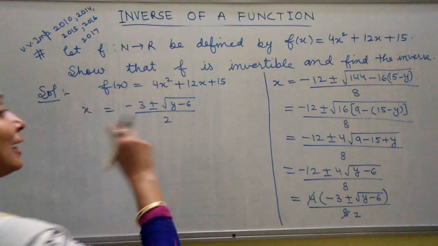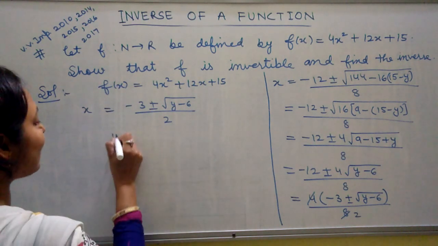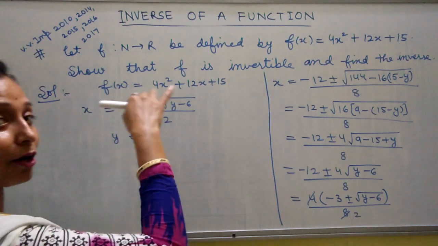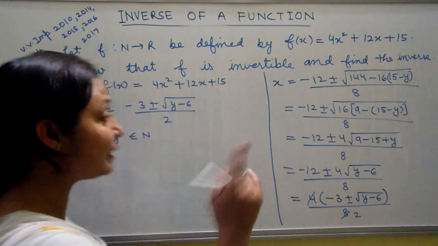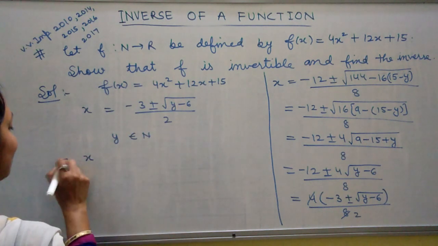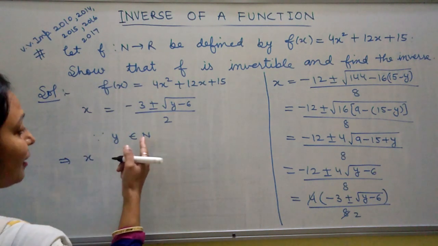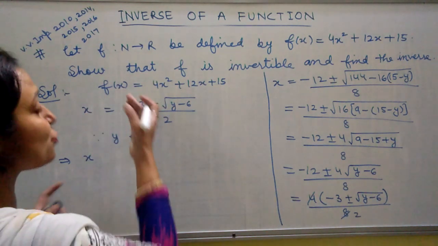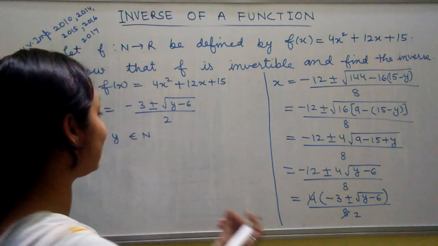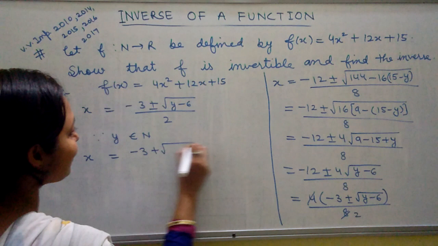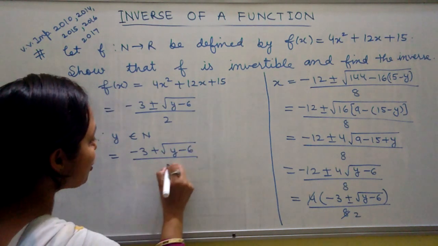But I will reject the negative one because y belongs to the natural numbers. A negative will never be in a negative form. So we have to suppose f(x) is equal to y. So I will write f(x) is equal to minus 3 plus under root of y minus 6, upon 2.